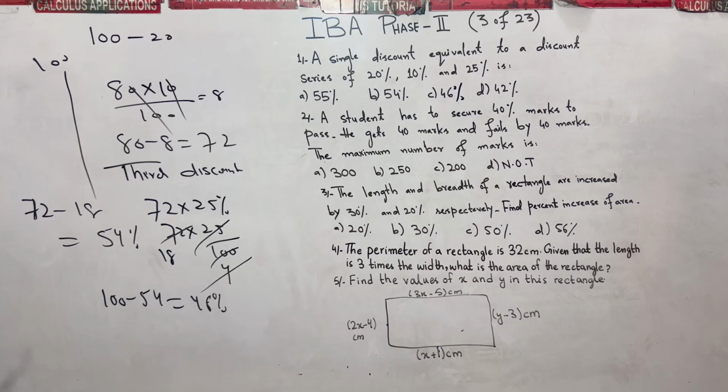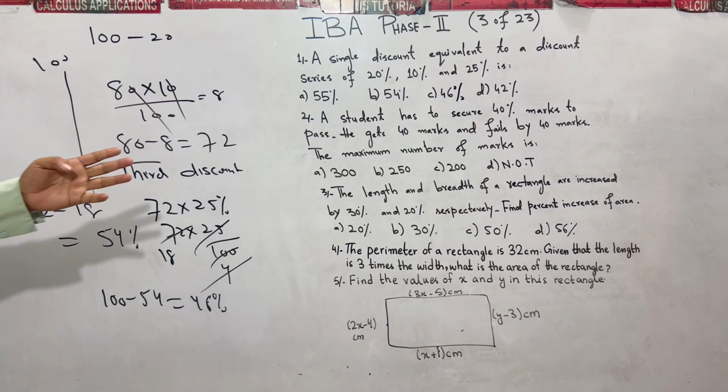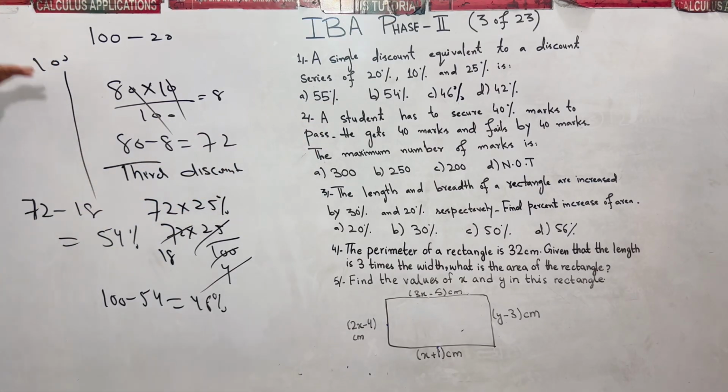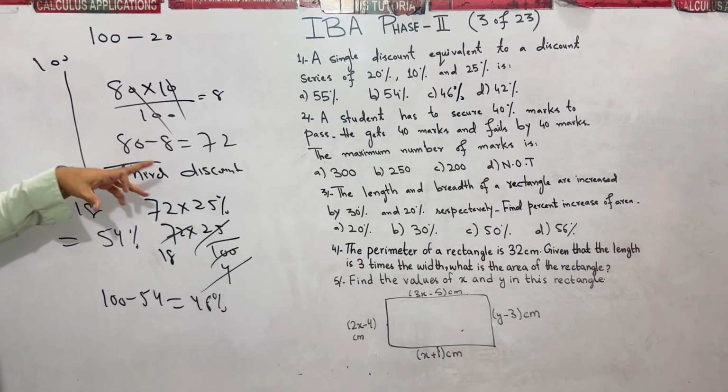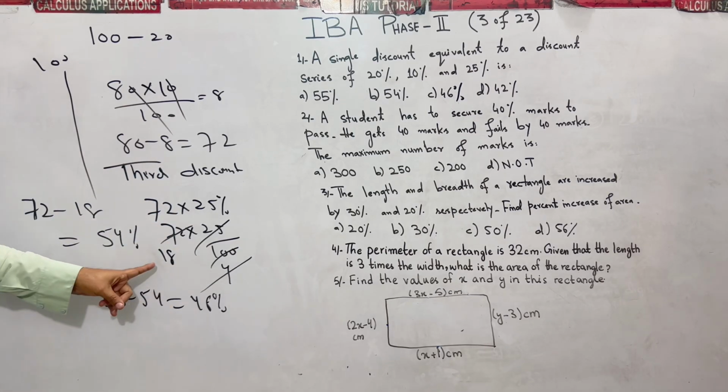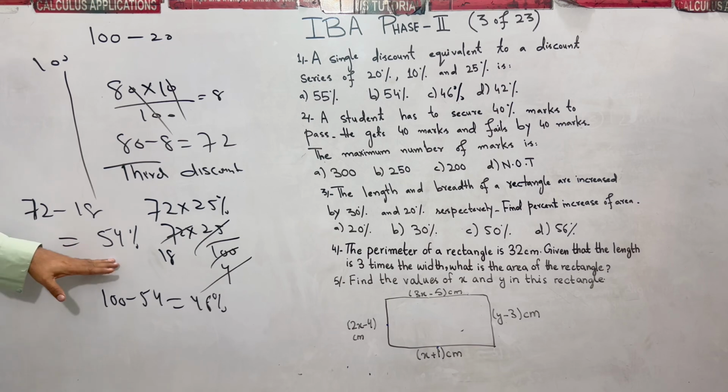That's why I have selected this question to be the first one. A single discount equivalent to a discount series of 20, 10 and 25. It is not a case of merely adding these, which amounts to 55. That's not the right option. First discount, 100 minus 20; second discount of 10 on 80, that is 8; 80 minus 8, 72; and the third discount on 72, that is 25%, which is 18. 72 minus 18, 54.